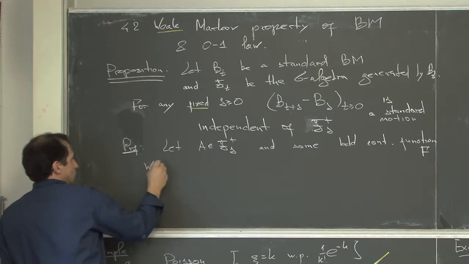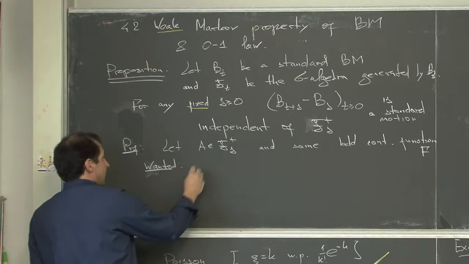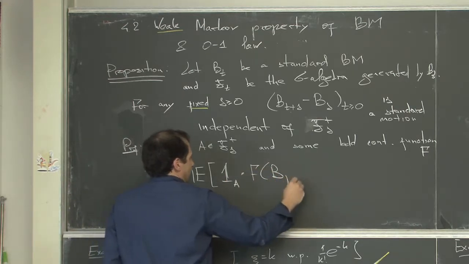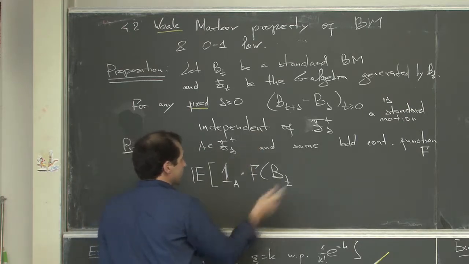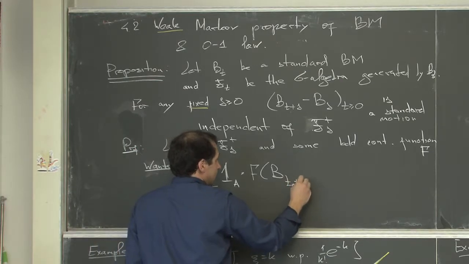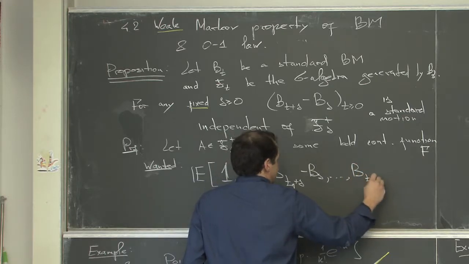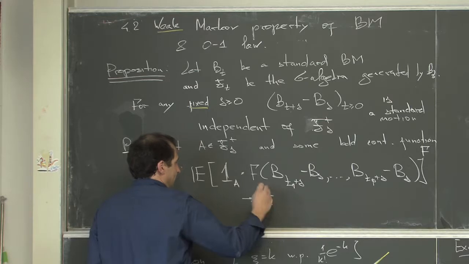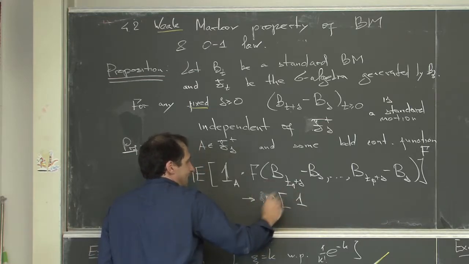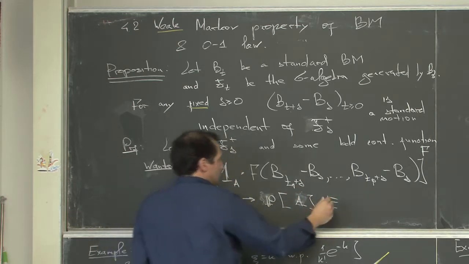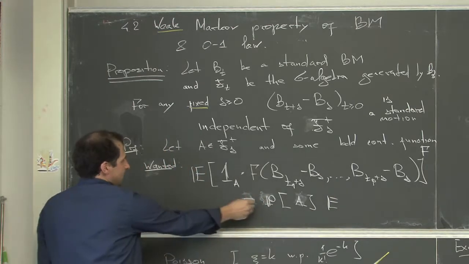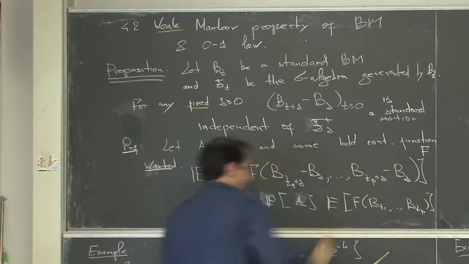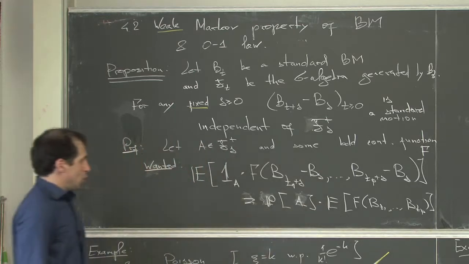What we want is to prove that the expectation of the indicator of A times f of B_{t_1+s} minus B_s, etc., B_{t_p+s} minus B_s, is equal to the probability of A times the expectation of this function computed at B_{t_1}, etc., B_{t_p}. So this is what we need.